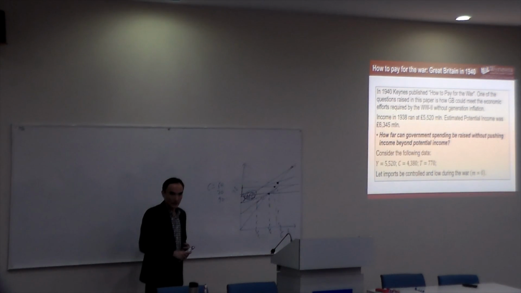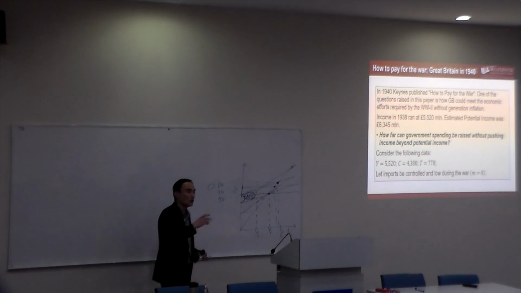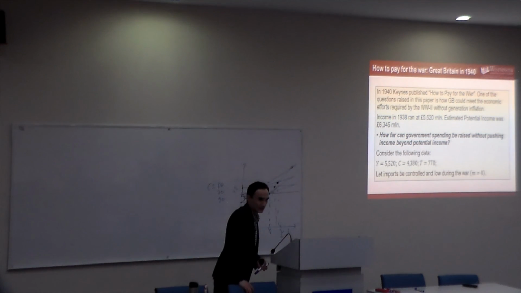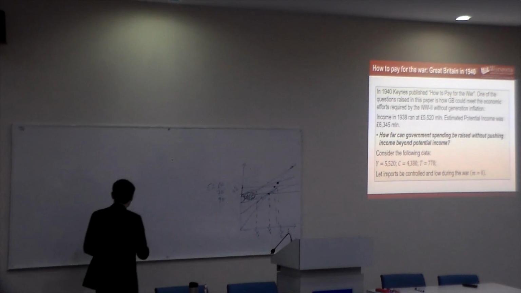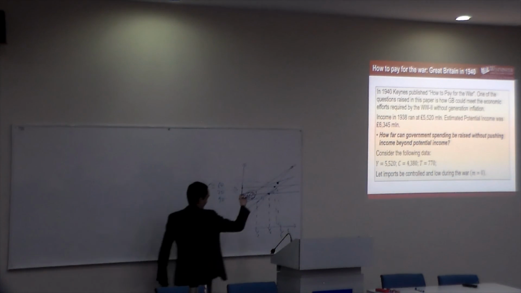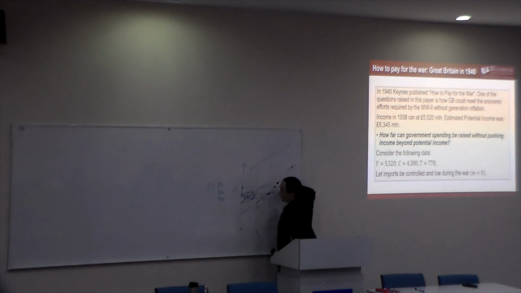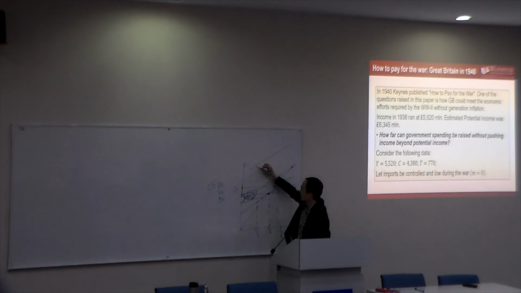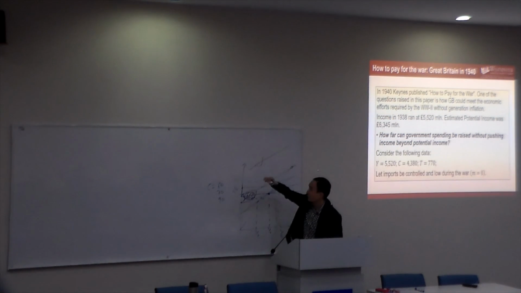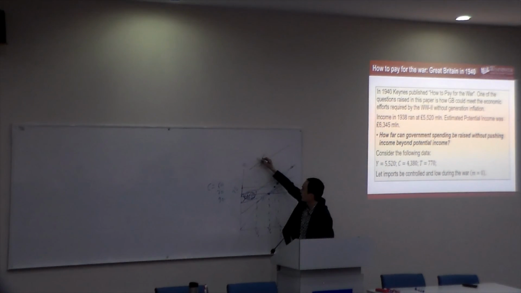On the military. If that spending is too much, it's going to lead to what? Again, this is the business cycle, right? Let's say the economy is somewhere here. If that expansionary policy goes too high, then it's going to exceed the potential level. If it exceeds the potential level, it will lead to higher prices, inflation.